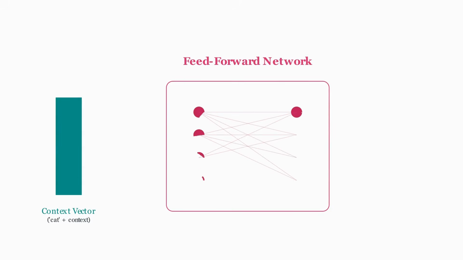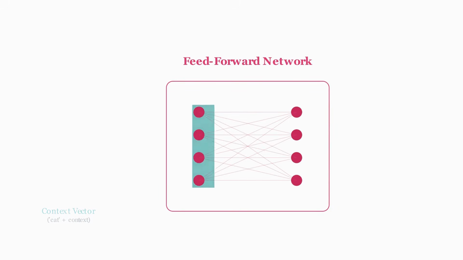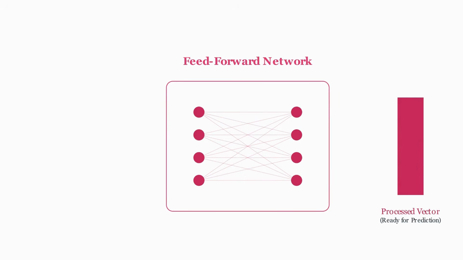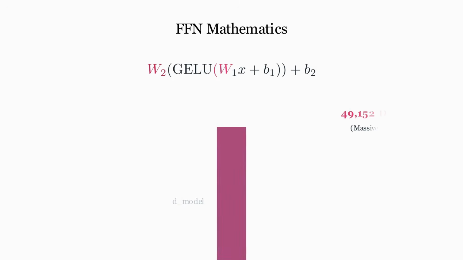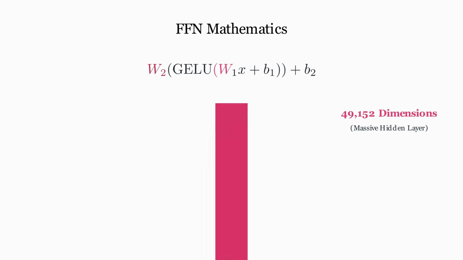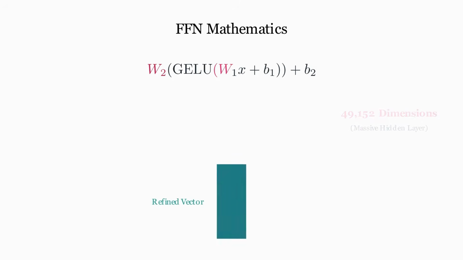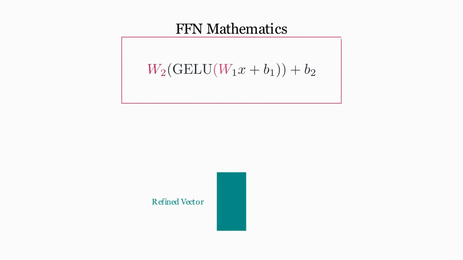After the attention phase, the data moves into a feed-forward network. This is a massive layer of calculations, often with tens of thousands of dimensions, that processes the context-based information. It is here that the model refines its thoughts and prepares to make the final prediction.